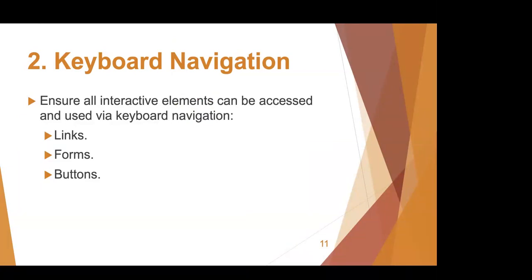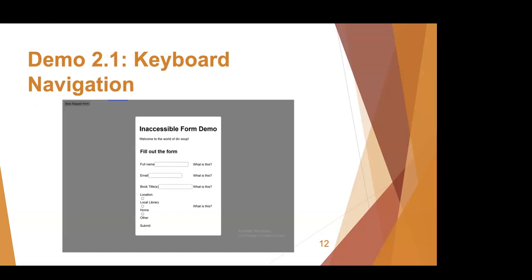Great. So now that we learned about elements, we know that links, text fields, and buttons, they all should be labeled. And the other very important thing is that they need to be accessible with a keyboard. So what does it mean that elements need to be accessed with keyboard navigation?